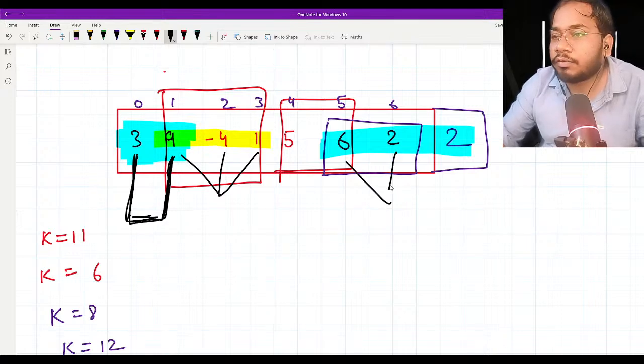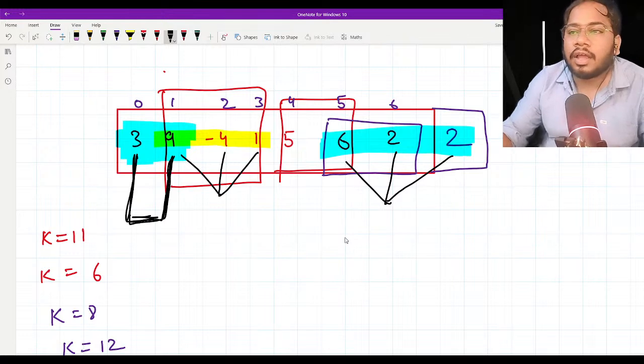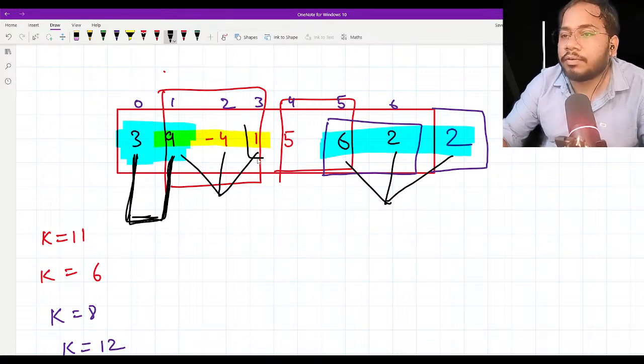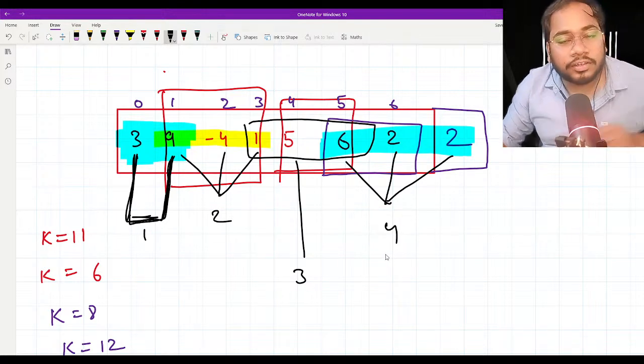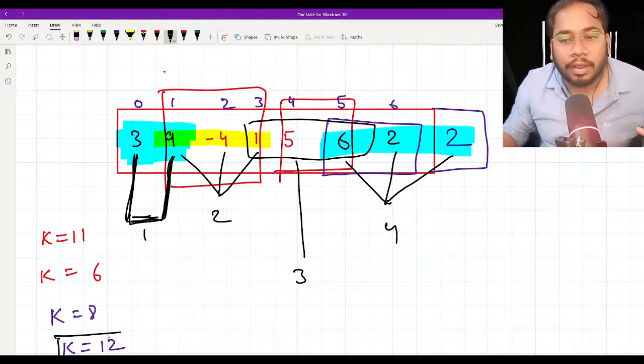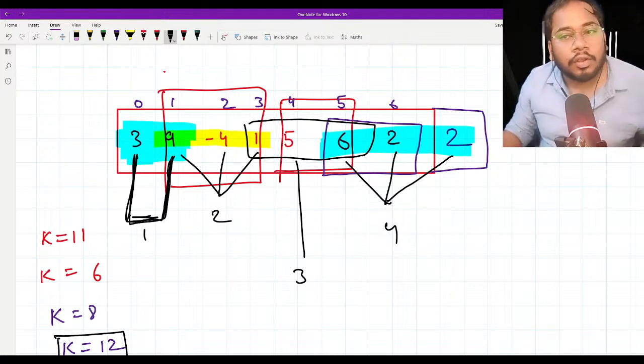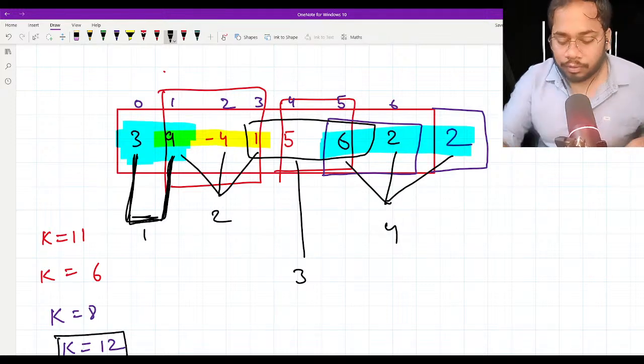These 3 will also give 12. And 6, 5, 12, this will also give 12. So we have, I think, 1, 2, 3, 4 such subarrays which are giving the sum as k is equal to 12. So you have to give the count.